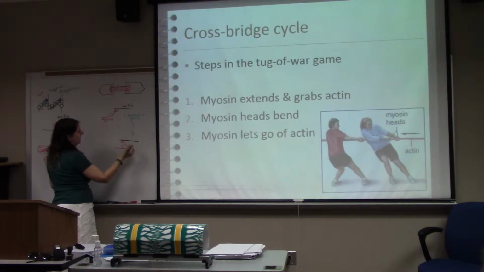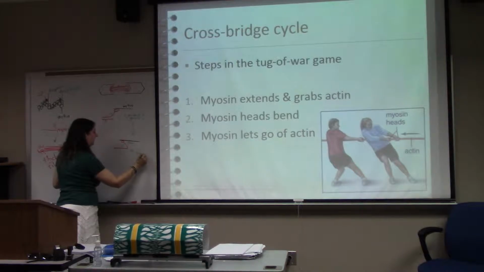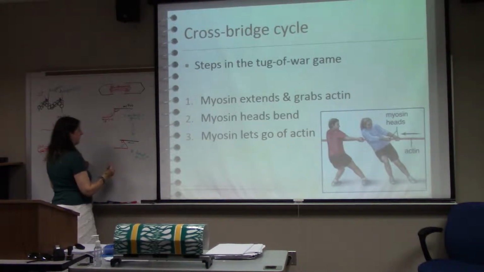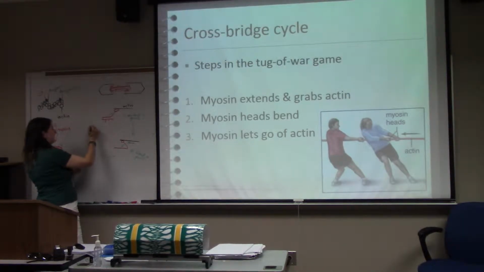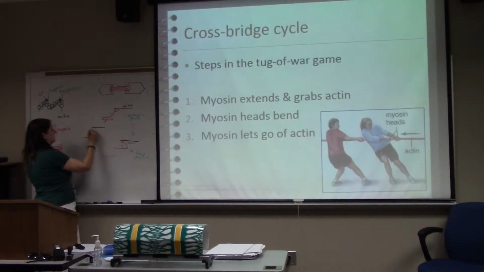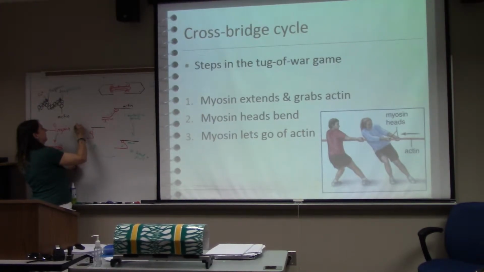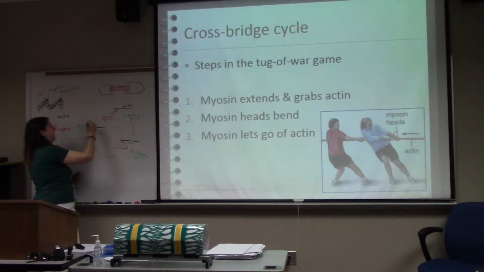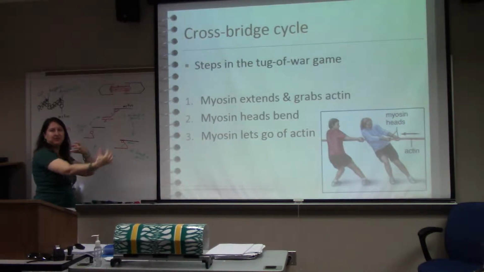That's bending the head, and it makes the actin move this way. And then third, the myosin releases the actin. And then that'll bring us back around to step one again, where after it's released this spot, it can reach out and grab another spot.